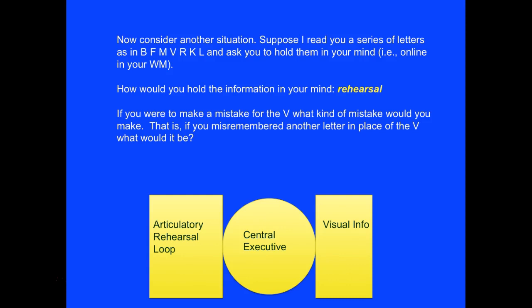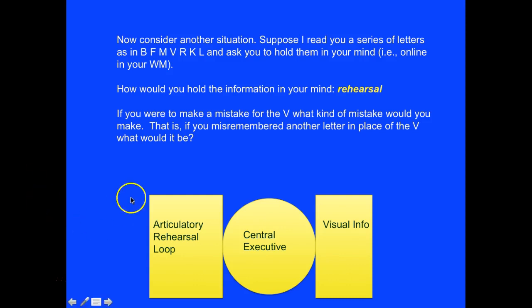So V kind of looks like a W. Maybe you'll mistake V for W. E kind of looks like an F. It's an F minus the base, right? So if you made a visual mistake, you might forget that I said E and replace it in your memory. Your mistake might be F.